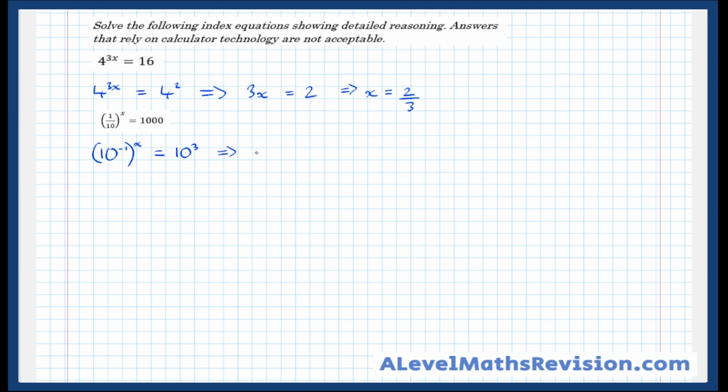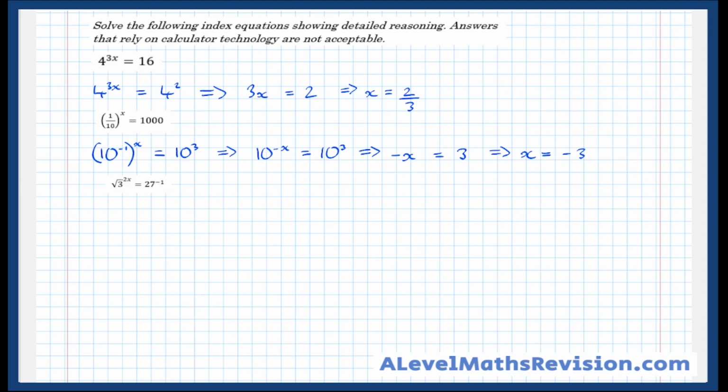Well, that means that 10 to the minus x, if I simplify that bracket with a power outside, equals 10 cubed. And now, in a position where both left and right are powers of 10, I can say that minus x equals 3, which means that x equals minus 3.